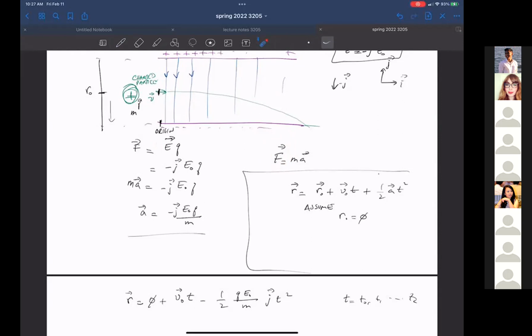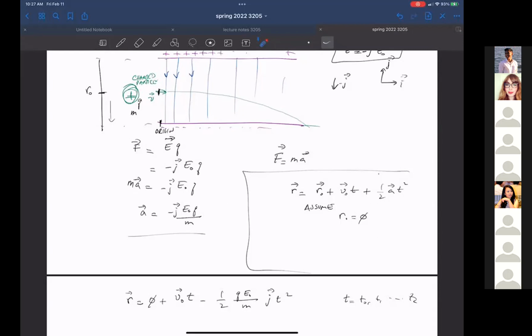I guess that's the upshot. After all these discussions of electric fields, ultimately what we're talking about is an acceleration of a charge one way or another. That's the real effect.